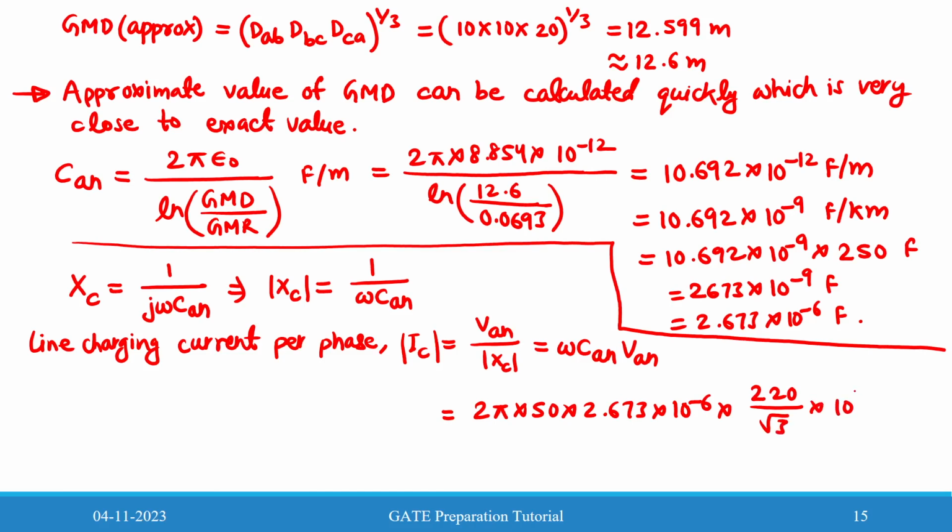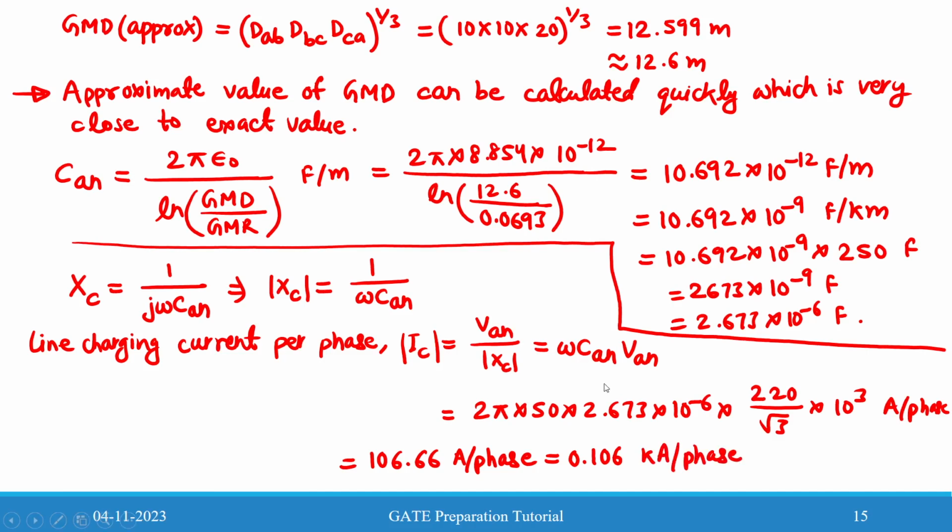It is in kV, so multiply with 3, that is ampere per phase. So you will get 106.66 ampere per phase, therefore 0.106 kilo ampere per phase. Till here any doubt?